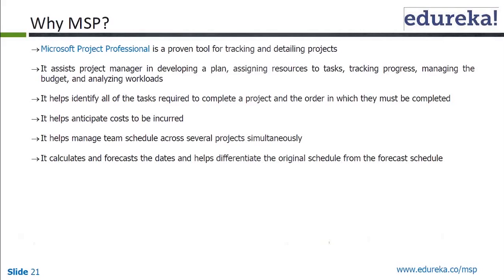Then it also helps identify all of the tasks required to complete a project and the order in which they must be completed. So it helps anticipate cost to be incurred. It helps manage team schedule across several projects simultaneously. It calculates and forecasts the dates and helps differentiate the original schedule from the forecasted schedule.